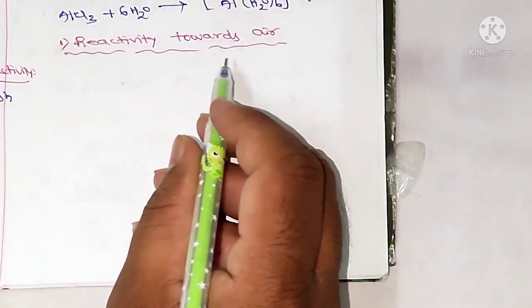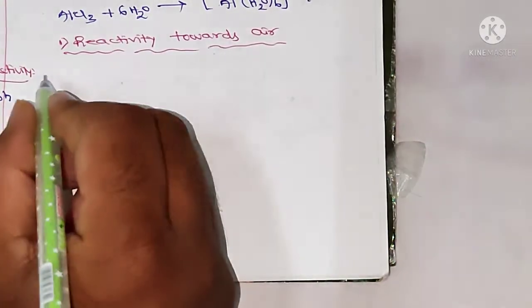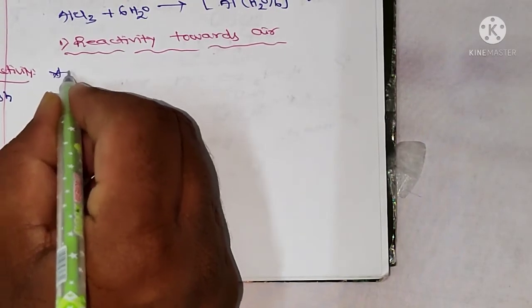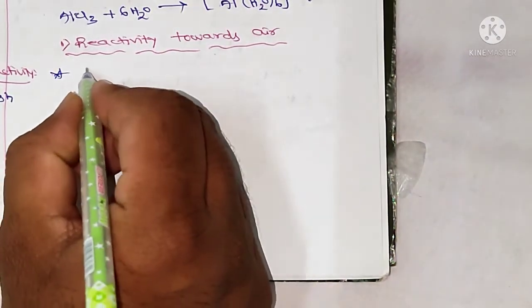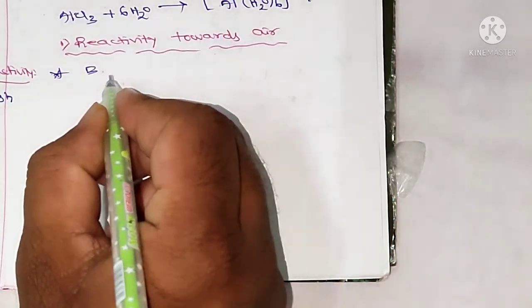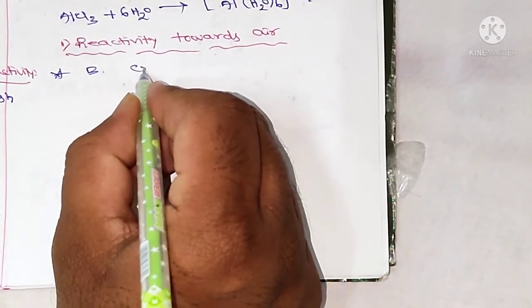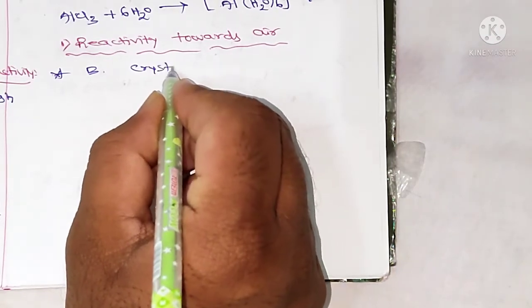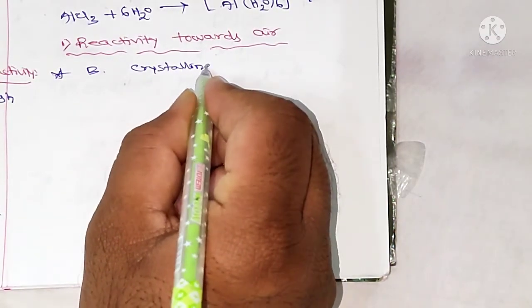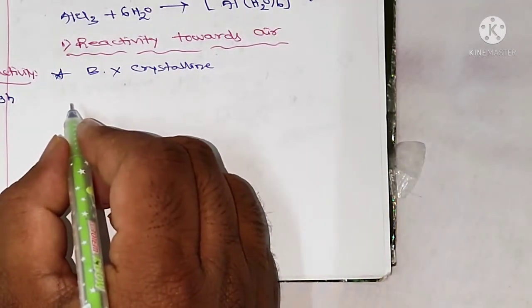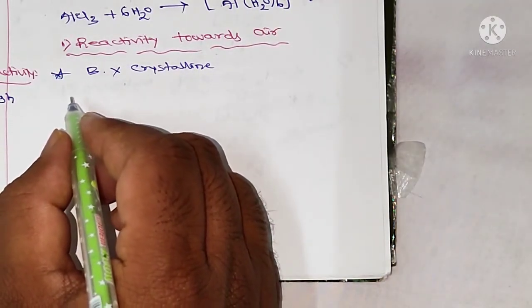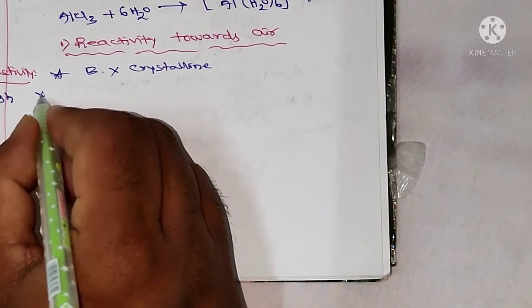Next one, reactivity towards air. Boron is unreactive in crystalline form. And aluminium forms a thin oxidation layer on the surface.